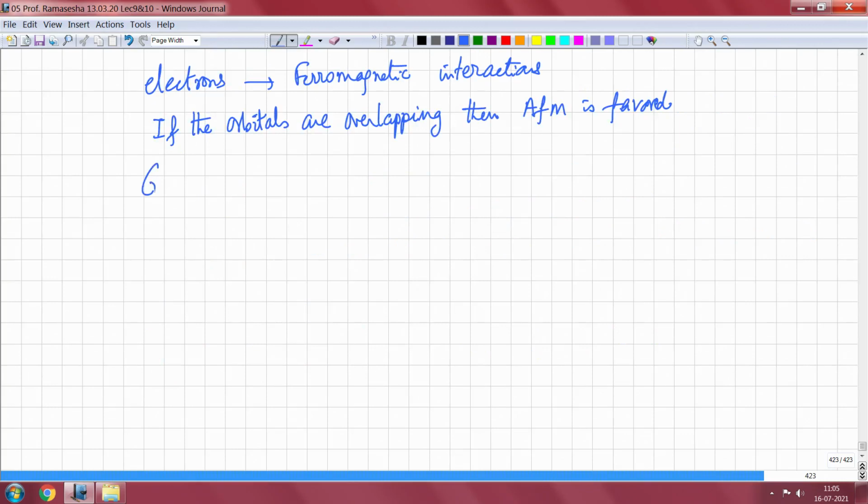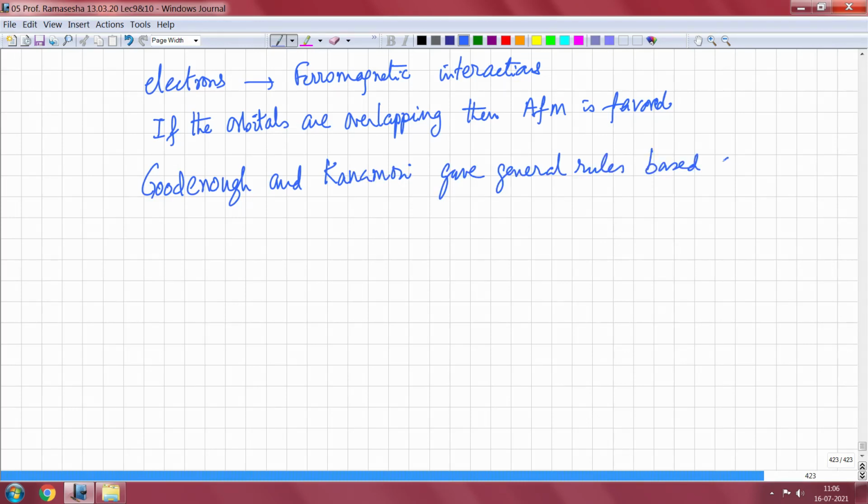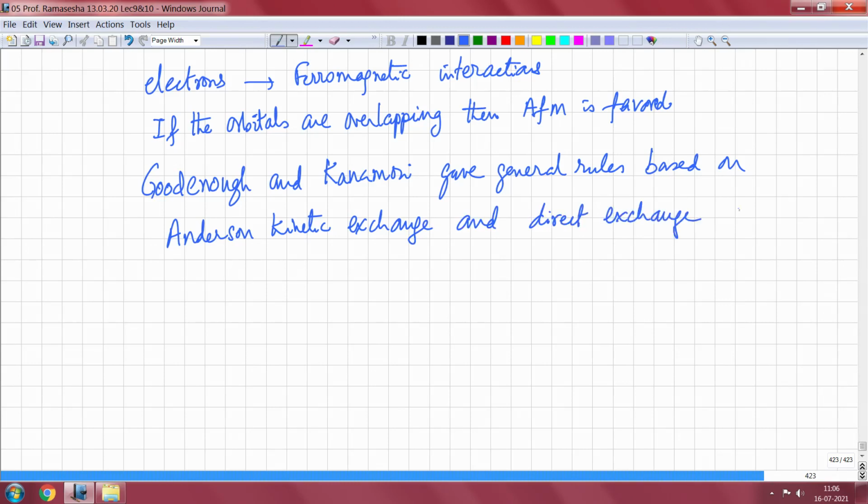So, Goodenough and Kanamori gave general rules based on Anderson kinetic exchange and direct exchange to empirically predict the nature of interactions.